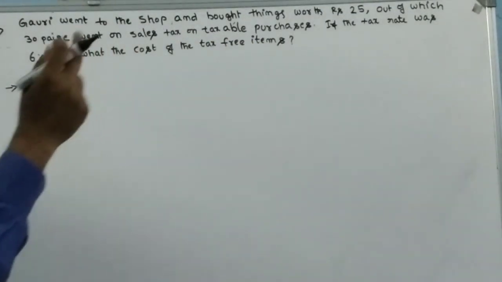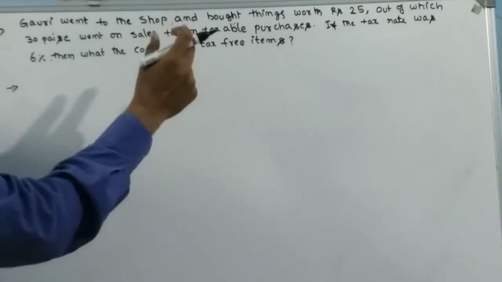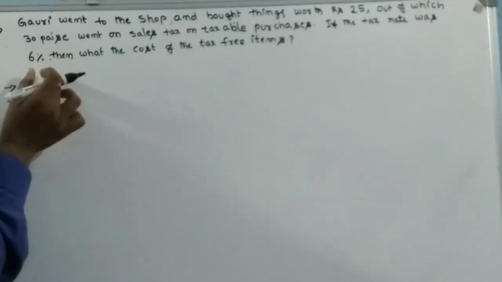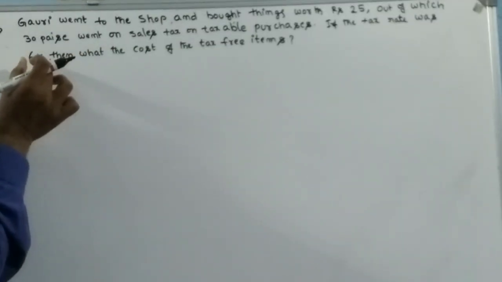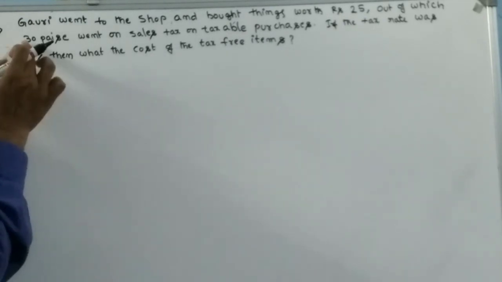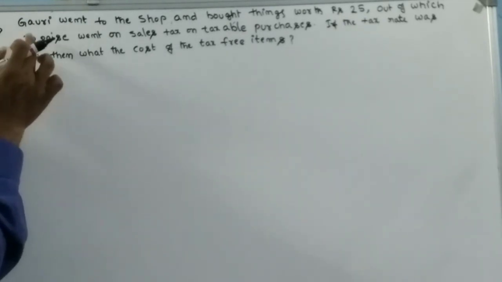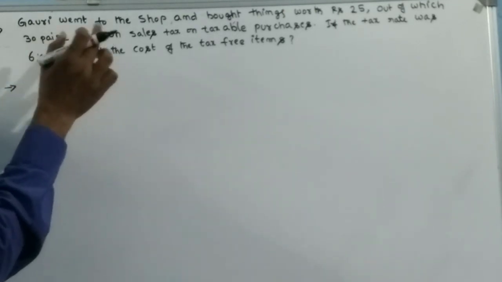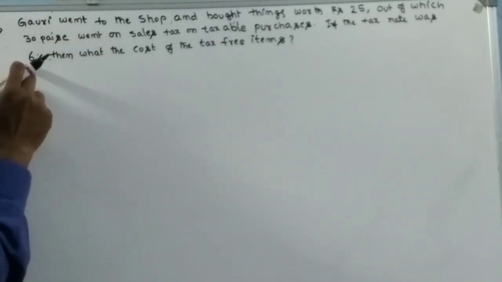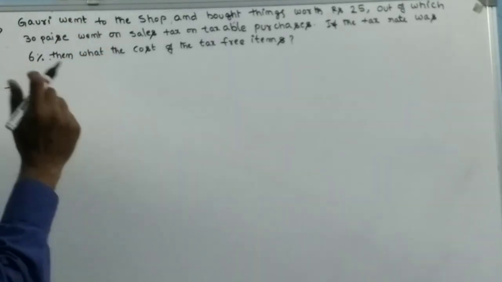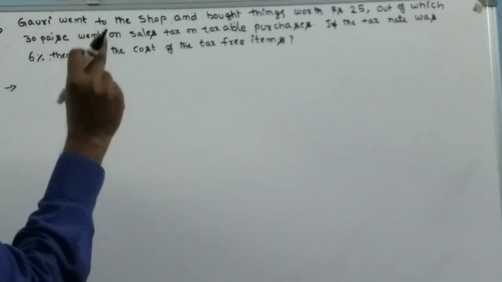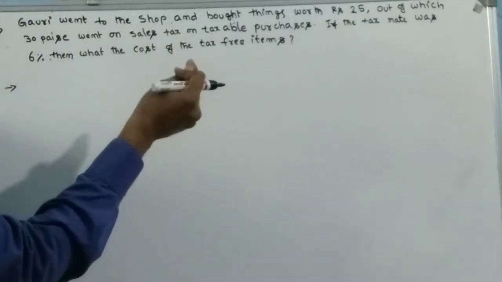See, he has given the tax rate on taxable items: 6%. Then this 6% equals 30 paise. He paid 30 paise sales tax at the rate of 6%. Here two things are there, taxable items and non-taxable items.